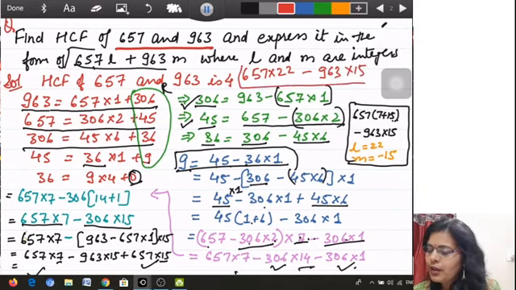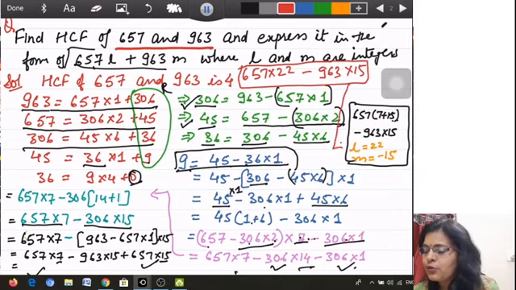They are asking us the value of L and M, and here instead of minus it is written plus. So very easily we can write that the value of L will be 22 and M will be minus 15, because this can be written as minus 963 into minus 15.